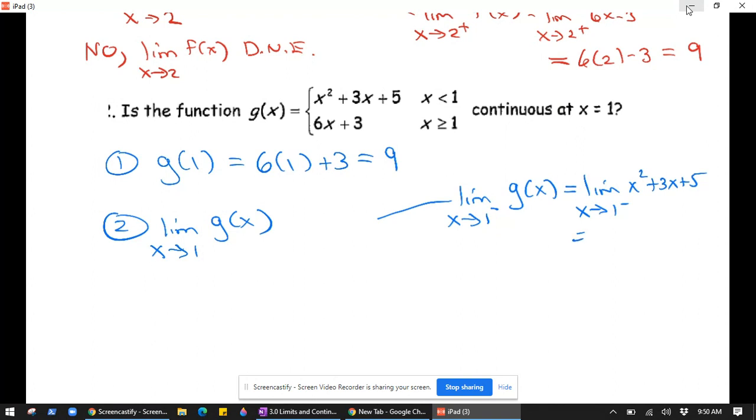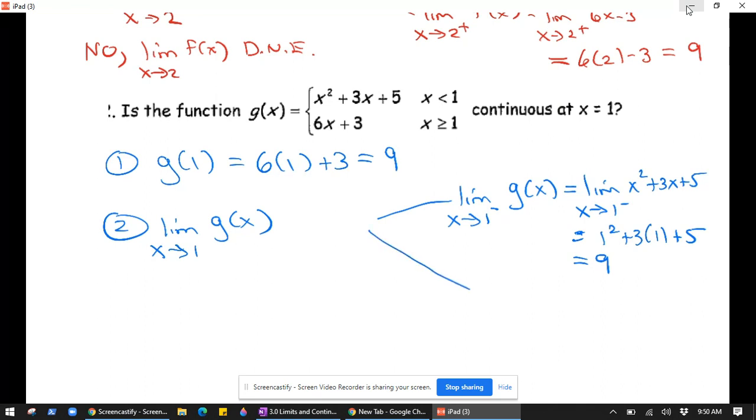With polynomials like this, it's great because you can just use substitution here. So we substitute 1 in for the function, and we get 1 squared plus 3 times 1 plus 5, which is equal to 1 plus 3 plus 5, which is 9.